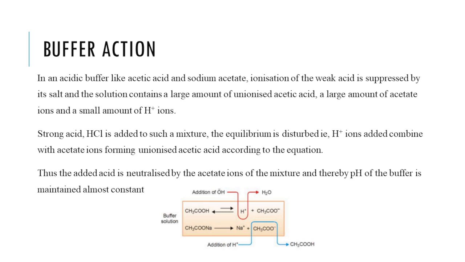So CH3COOH is more formed. Whenever we are adding this acid, it is being neutralized by the acetate ions of the mixture, and thereby the pH can be maintained. pH can be constant.